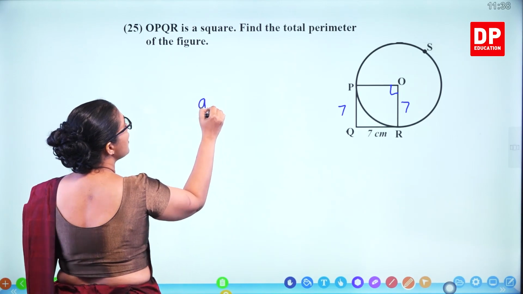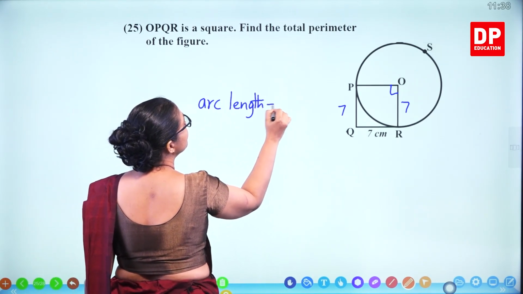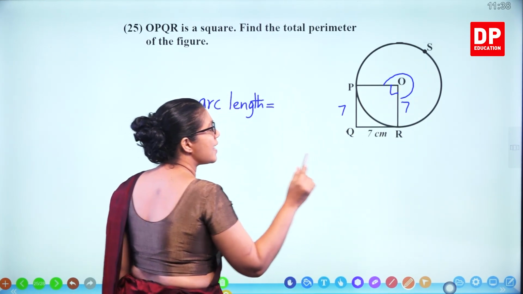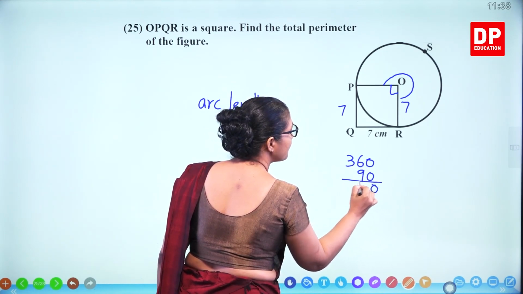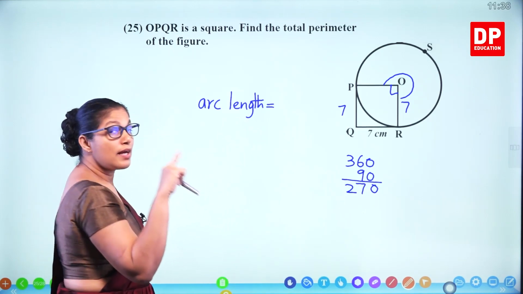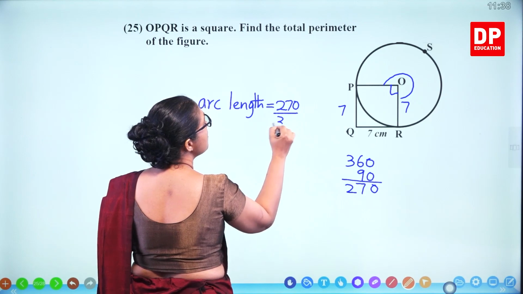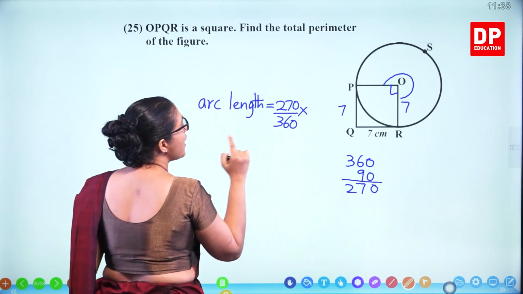The angle here is 360 minus 90, which is 270 degrees. So what's the arc length? Angle 270 divided by 360 into 2 pi r.